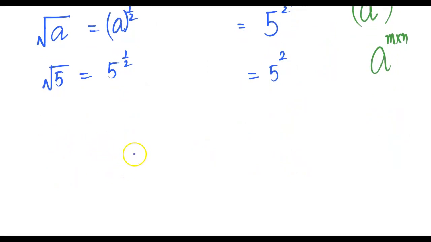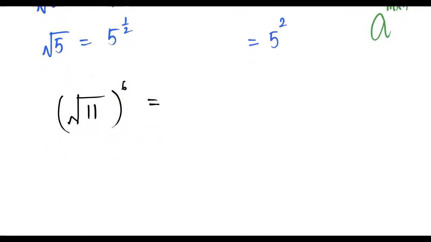Let's take some other question. Let's say for example we have square root 11 to the power 6. Now let's do the same thing. Root means indices half, right? So 11 to the power half, whole to the power 6.